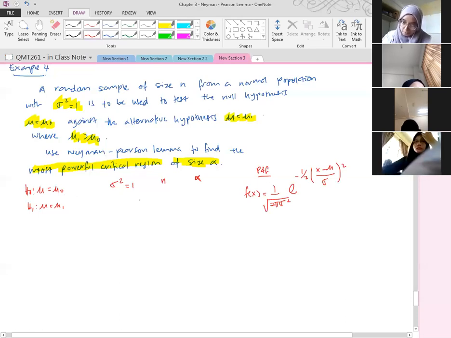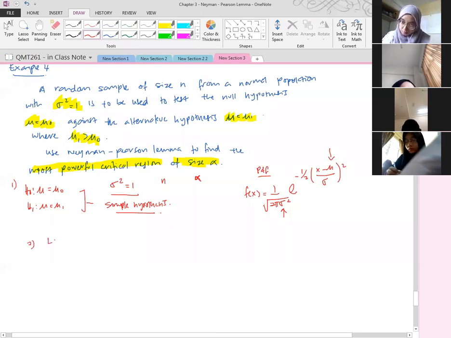Some constant, and the sigma squared is equal to 1. So it satisfies all the conditions of a proper probability density function. So then this is what we call a simple hypothesis, right? So step number 2, this is step number 1.